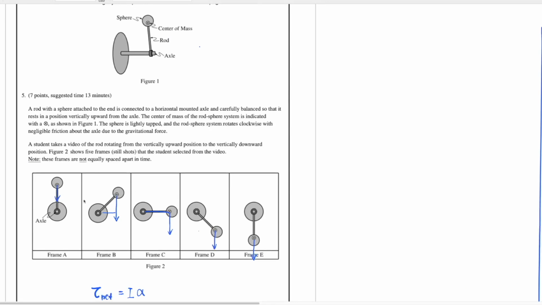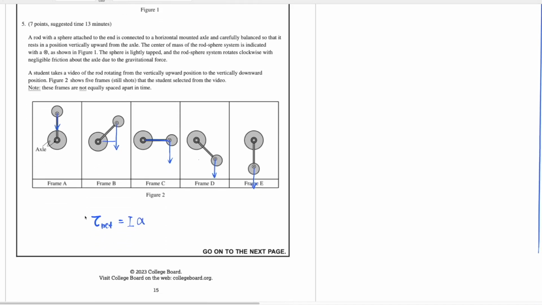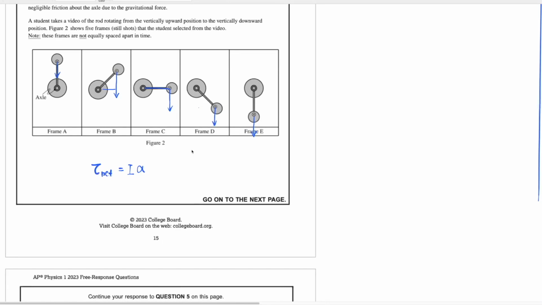So when this falls and rotates, the center of mass is going down, and as the center of mass is going down, the potential energy is changing to kinetic energy.